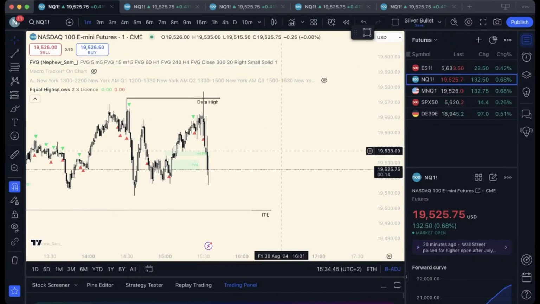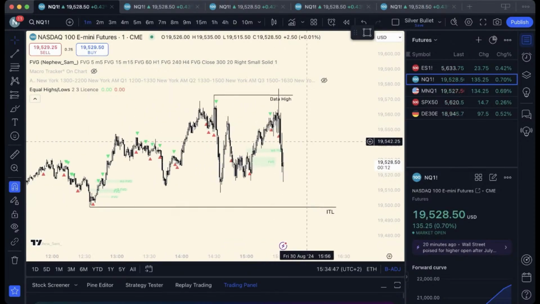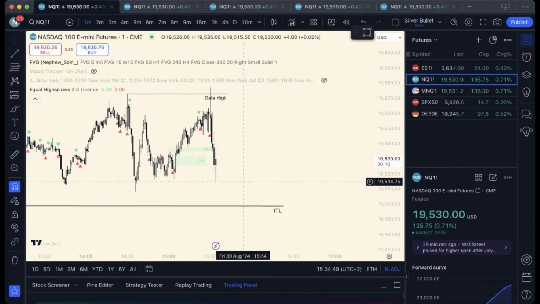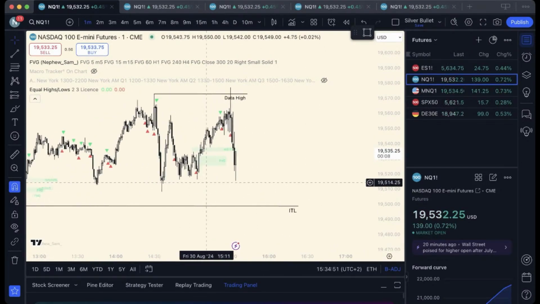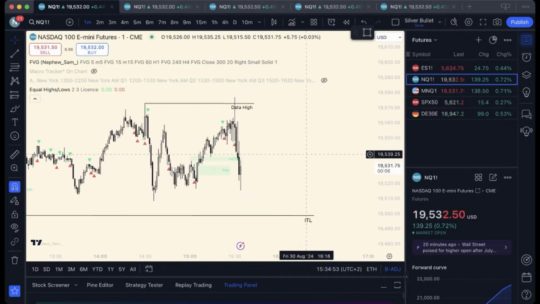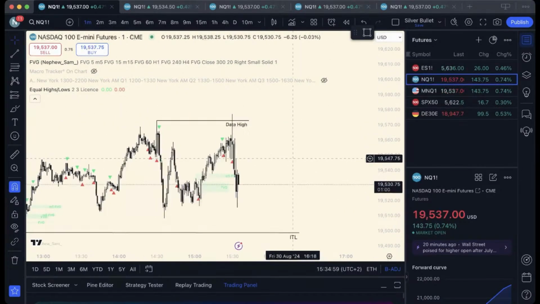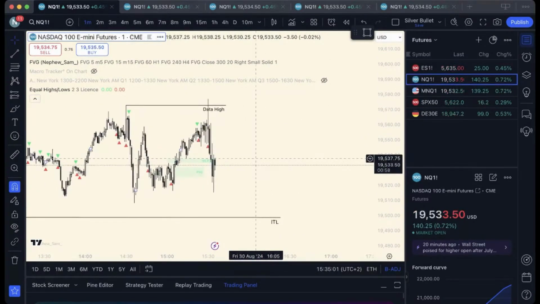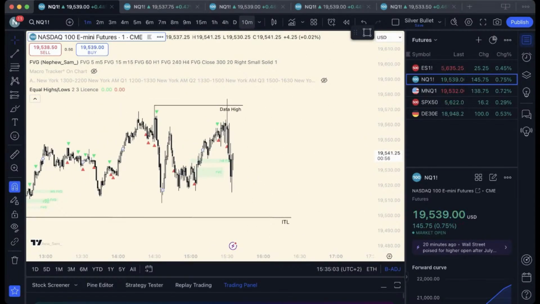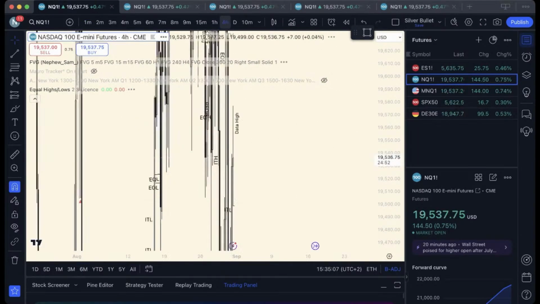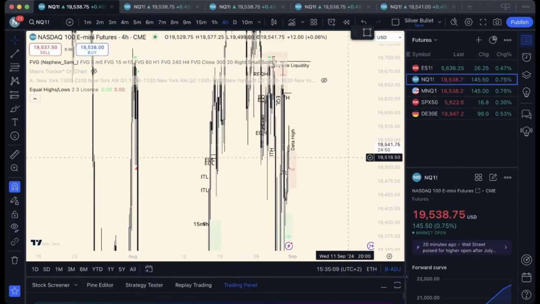Okay. Yeah, the equal lows got taken out, so it's nice for bullish targets, but it's not that clear. So I think it's better to wait for the 4-hour close.